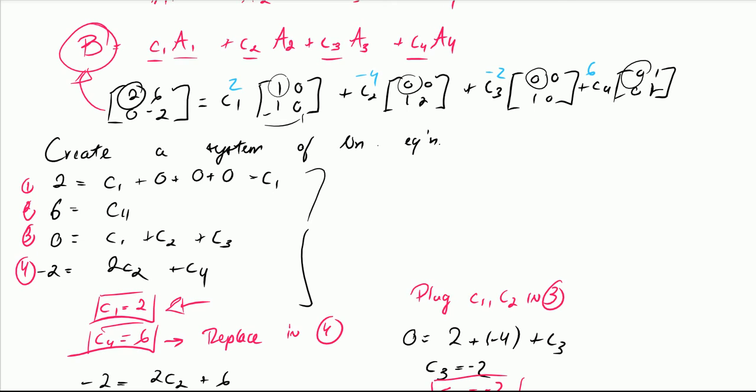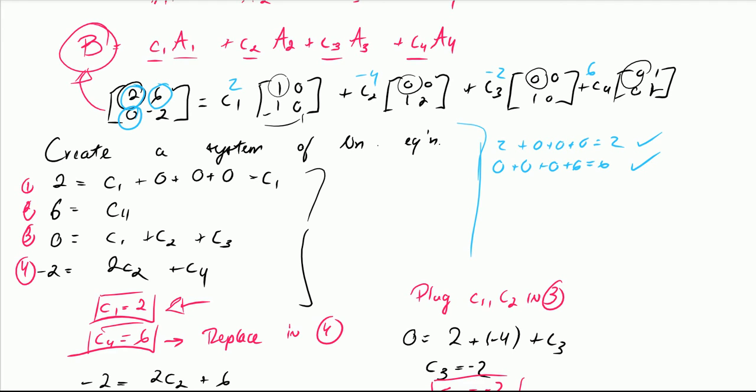I'll do this mental calculation over here. It's good practice to check to see if your answer is right, because you obviously want to get the answer right. So I'll get 2 plus 0 plus 0 plus 0, that's equal to 2, that's right. Then this entry, 0 plus 0 plus 0 plus 6, that's equal to 6, so that's good.